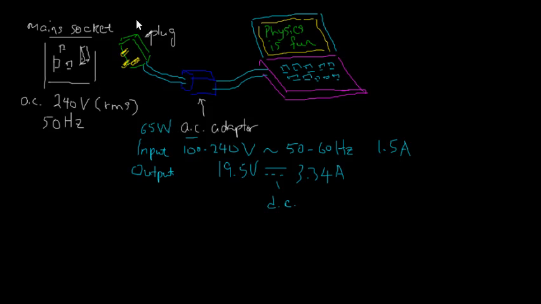So we kind of understand why we need AC to come to our house, and we've not really learned much about electronics, so it's not so obvious at the moment why we need DC, why we need direct current for electronics. But that's okay for this video.